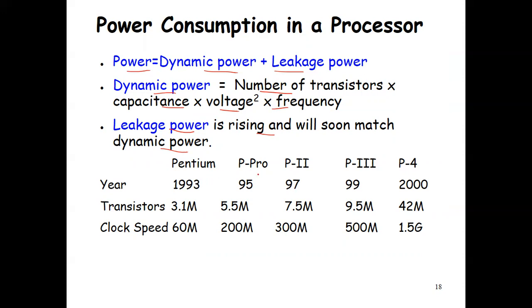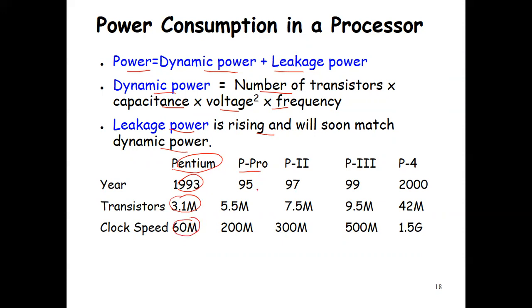If you see the various Pentium processors: the original first Pentium processor in the year 1993 used 3.1 million transistors, and its clock speed is 60 megahertz.